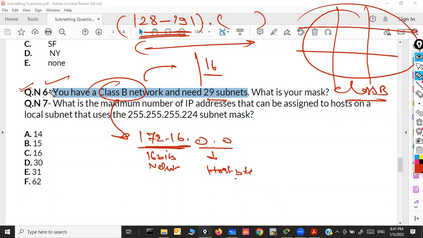You'll have to find out the borrowed bits so that you can compute the subnet mask. I'm taking a pause for a minute, so do your computation. Default is 16 network bits and 16 bits for the host. The requirement is 29 subnets. What would be the mask? Answer me in a minute or so.